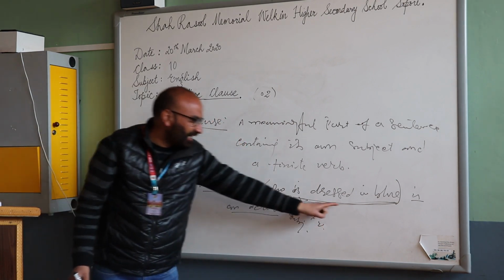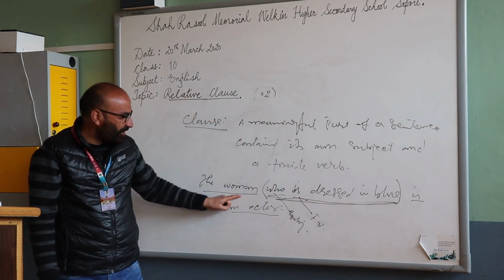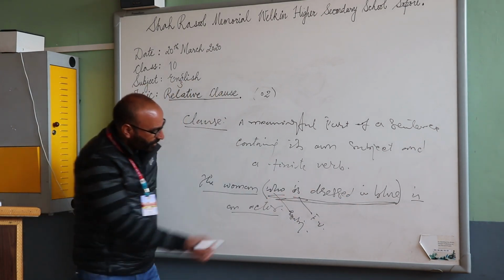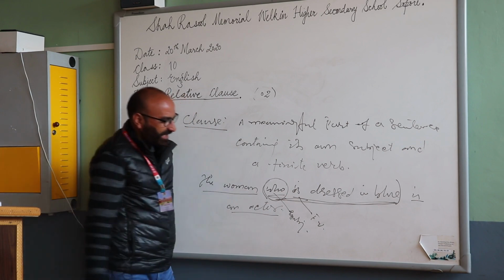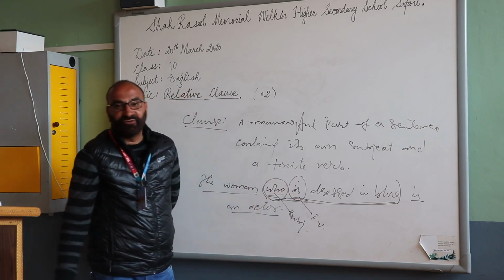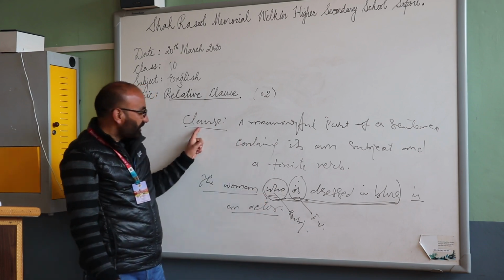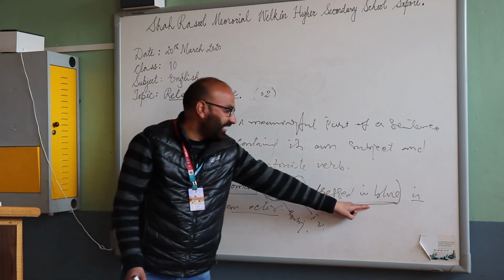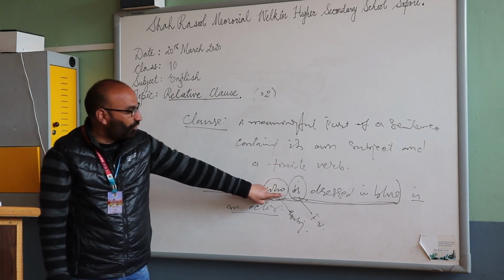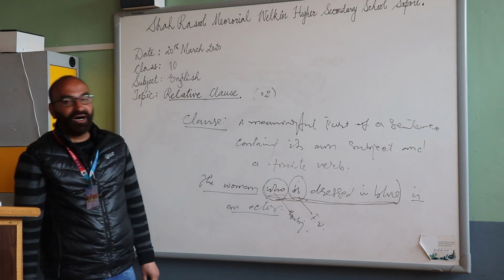So this part explains the woman who is dressed in blue is an actor. Who is the subject of this clause, and this is the finite verb. So a clause is a meaningful part of a sentence containing its subject in the form of who and a finite verb in the form of is.